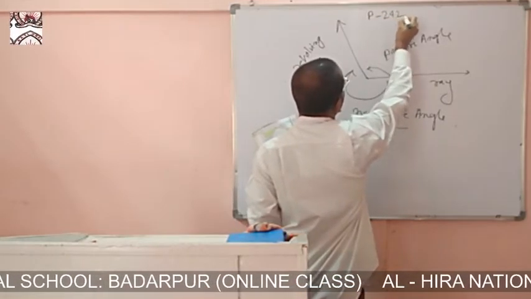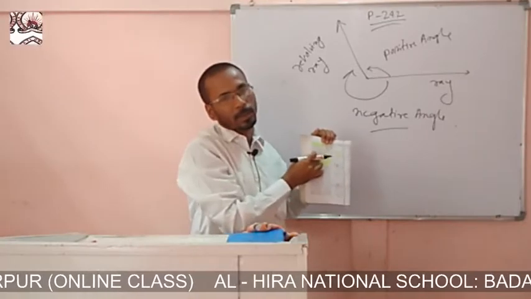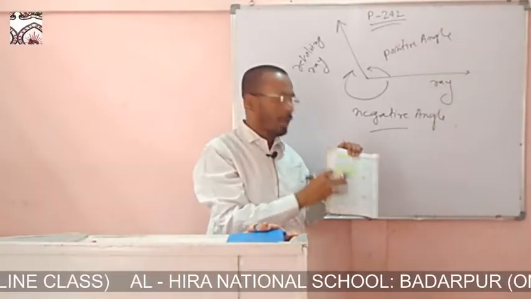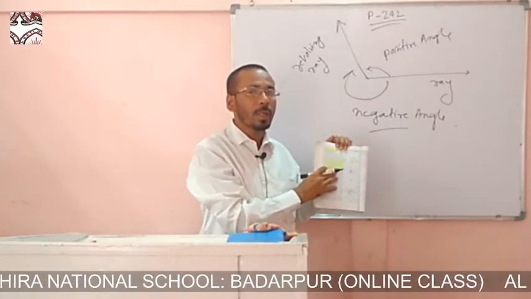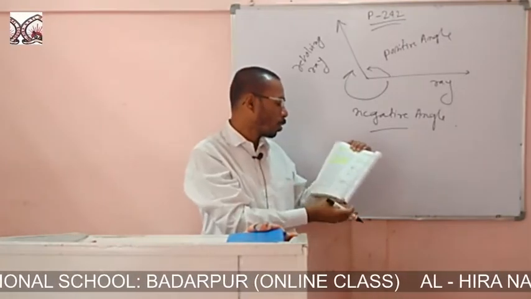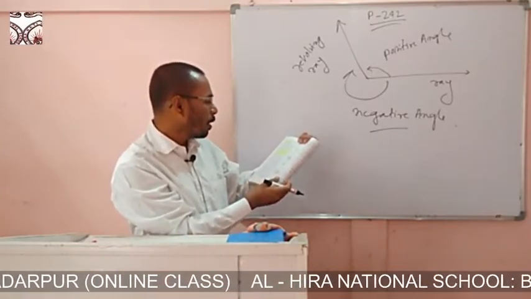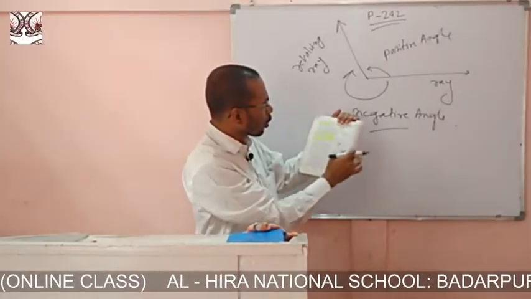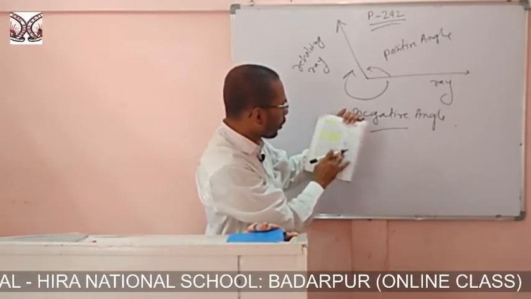This is your book page number 242, and I am also highlighting this. You must read line by line and highlight the important points, so that you can easily understand trigonometry. Now, the ray x-axis, you see figure 4, this x-axis, this one is the rotation, and if we rotate from the origin, then this angle is rotating.